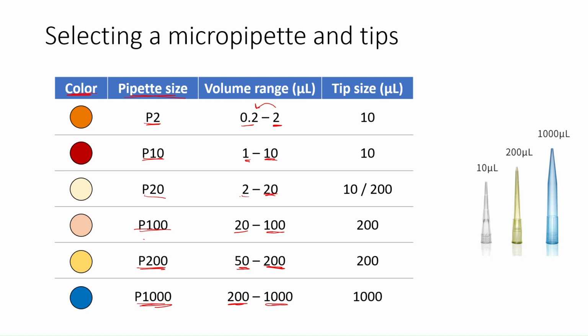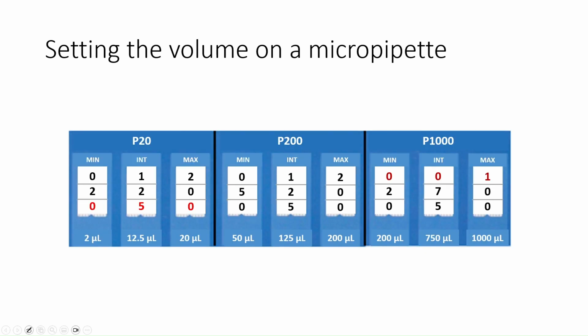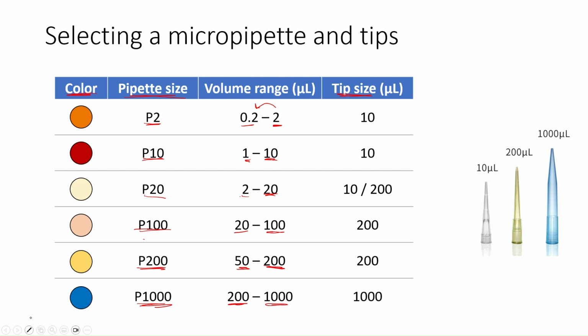So once we've selected the correct size of pipette based on the volume that we'd like to measure, the next thing we have to do is select the size of that disposable tip that we put on the end of the pipette. So the smallest tips that we have available are the 10 microliter tips.